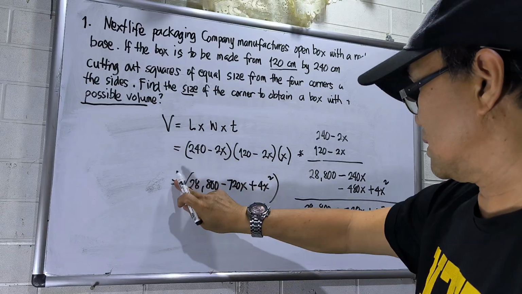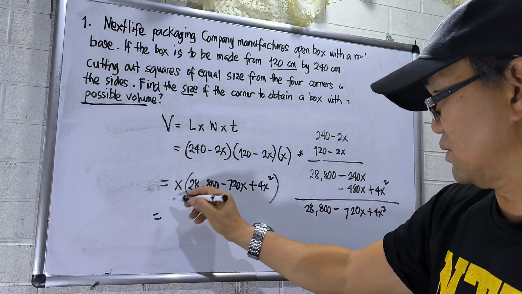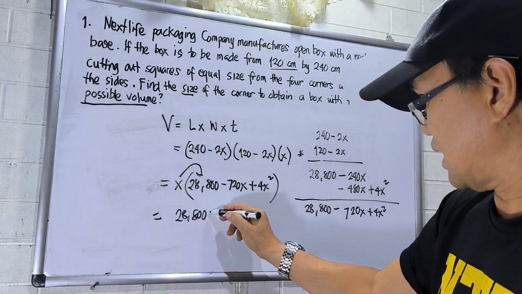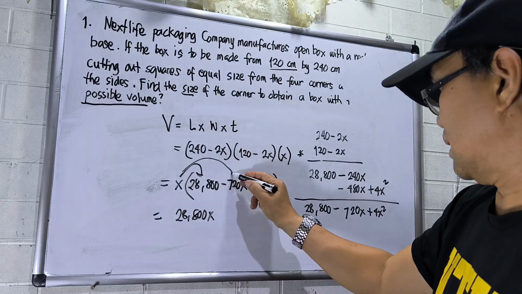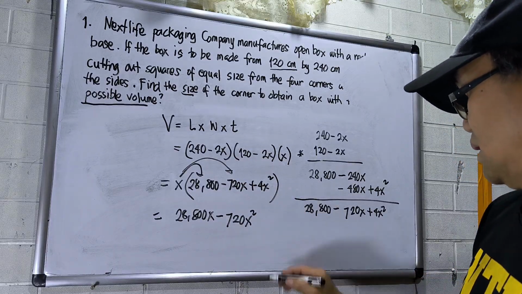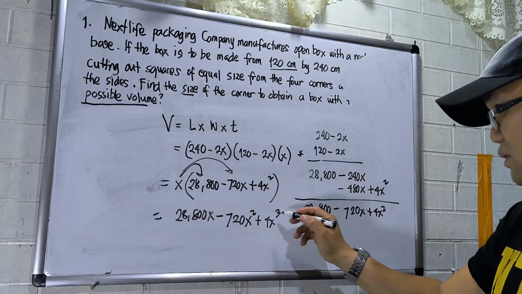Then times x. So distribute: 28,800x minus 720x squared, plus 4x cubed. I will arrange this.